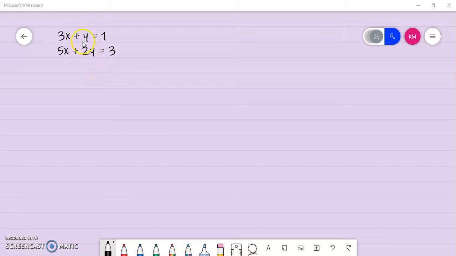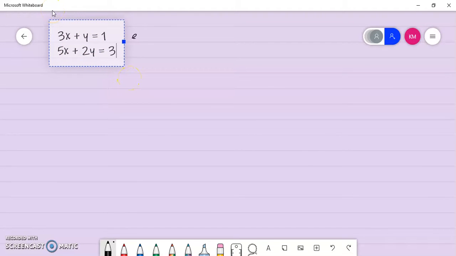I have 1 and I have 2 here. So in this case, I am going to either multiply or divide one of my equations by a constant to make the coefficient of either x or y the same in both equations.